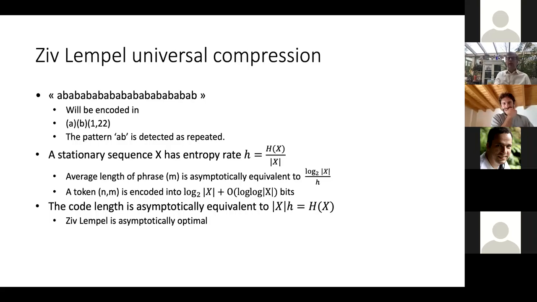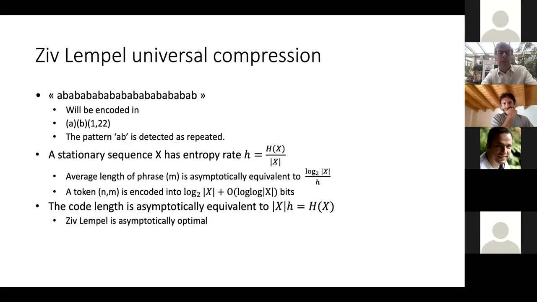If you forget the initialization, when you have a symbol you never met before, you declare it at the beginning. In general, Lempel Ziv uses a database; you don't declare the symbol. Therefore, a token, the most frequent token, is encoded into something which is log of n, where n is the length of the text.